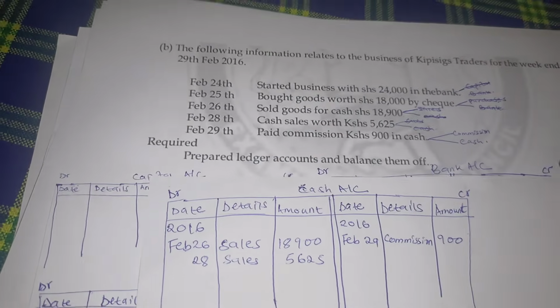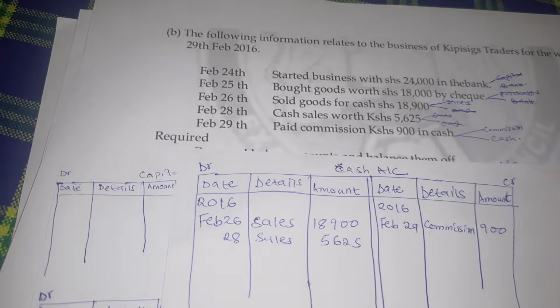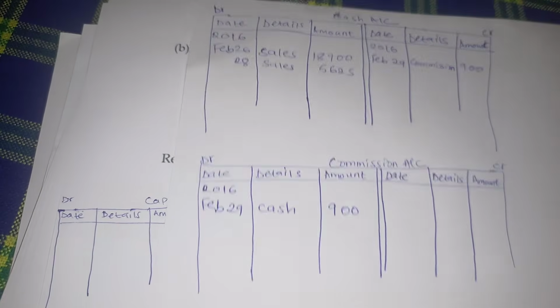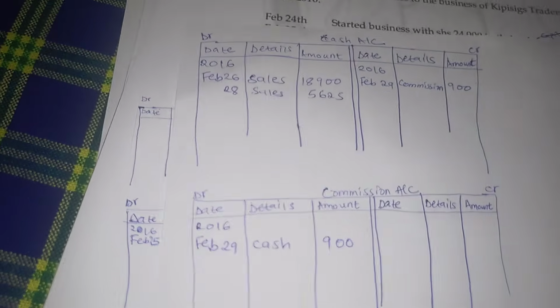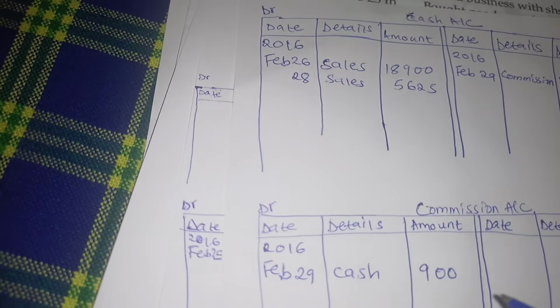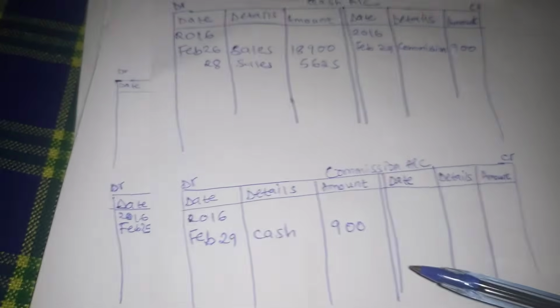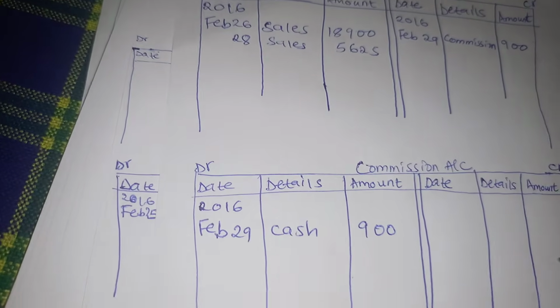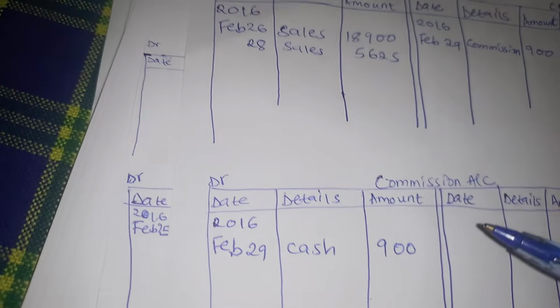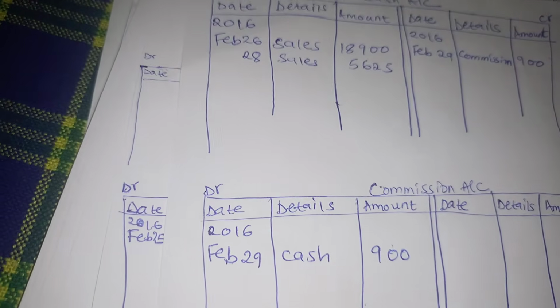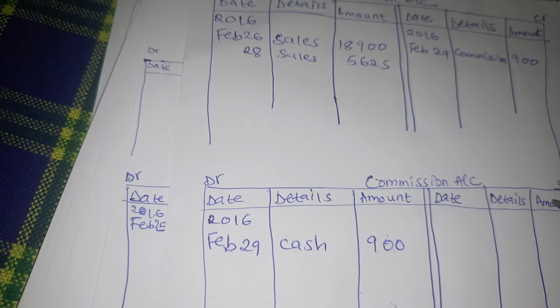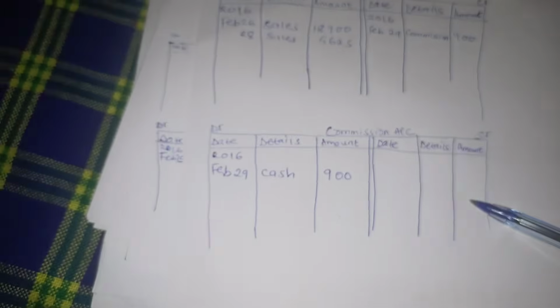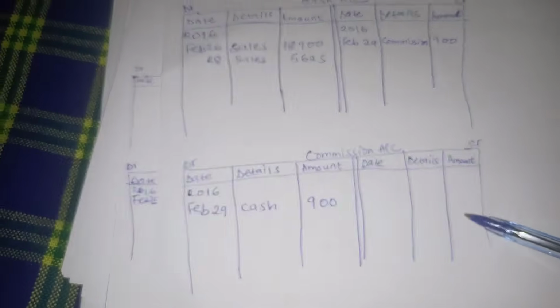Then the last part of the question is to balance them off. We're going to start with our commission account here. So, how do you balance a ledger account? You compare the debit and the credit side. First, you get the totals of the debit. In our case it is 900. The credit side is 0.